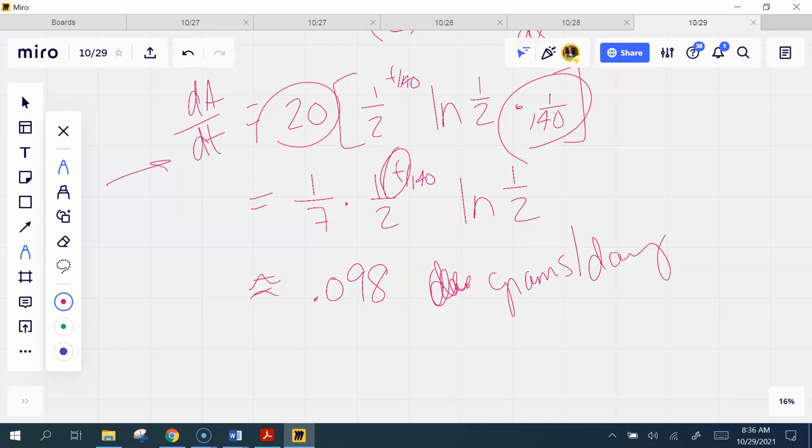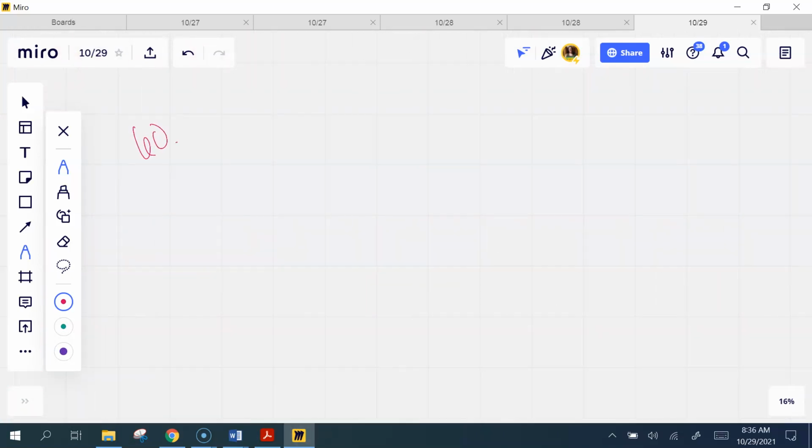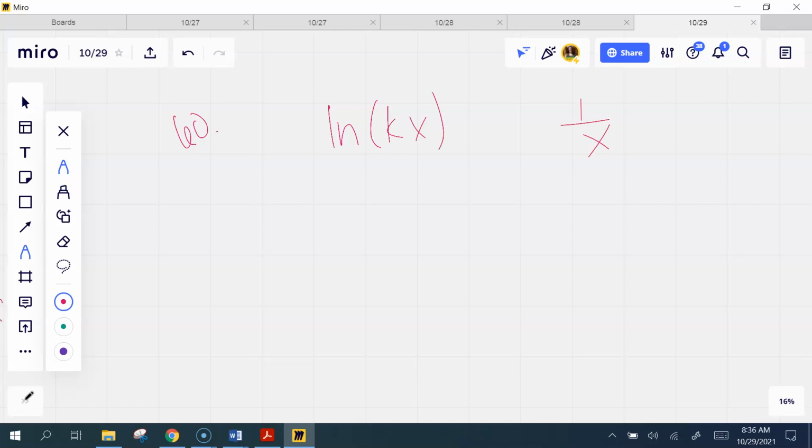All right, number 60. Guys, we've got to get through this math. For any positive constant k, the derivative of the natural log of kx is 1 over x. Prove this fact. If I took the derivative of this, it would be kx, but then I have to do chain rule.